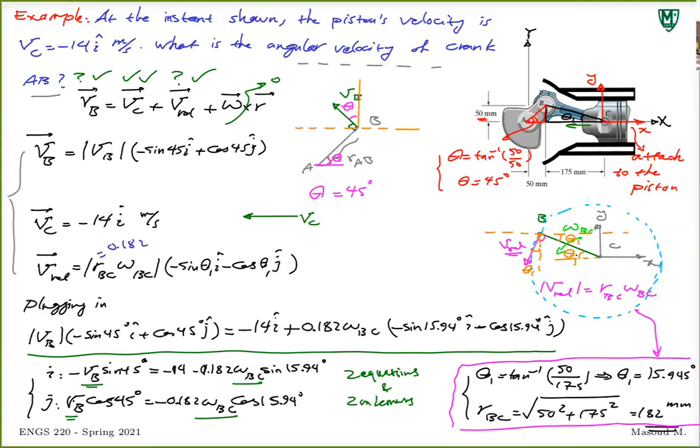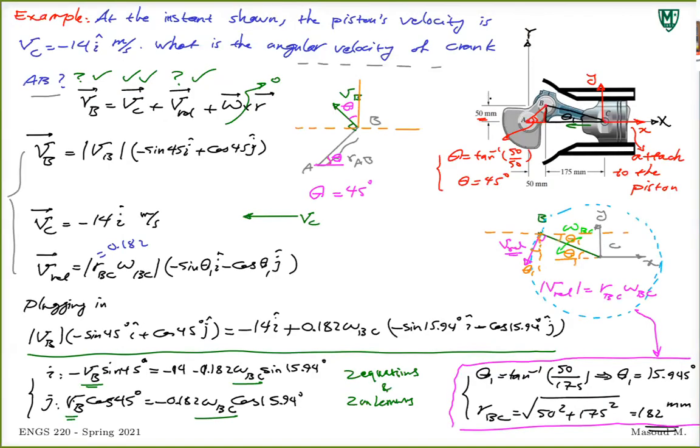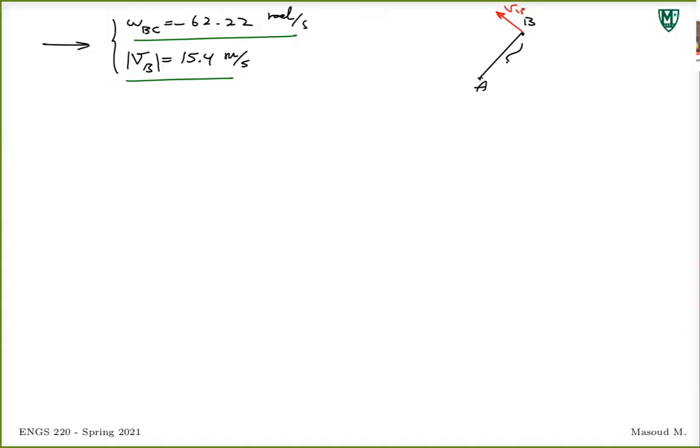Okay, after all this, now we have VB. Knowing VB, we can find omega AB, right? That was the whole story at the beginning. I said we want to find VB. Once we know VB, we can find omega AB. If this is point B, and you know VB now, its magnitude, this is point A. This is R AB.